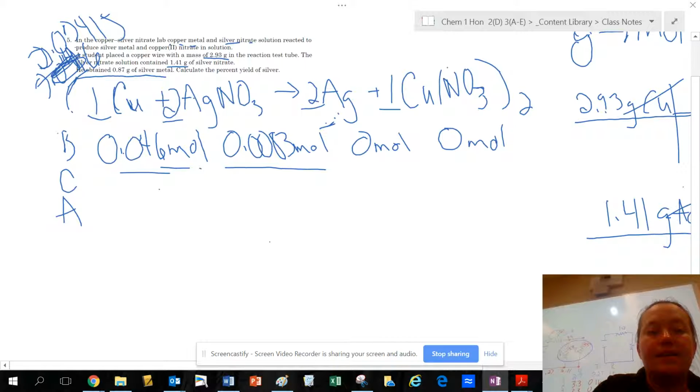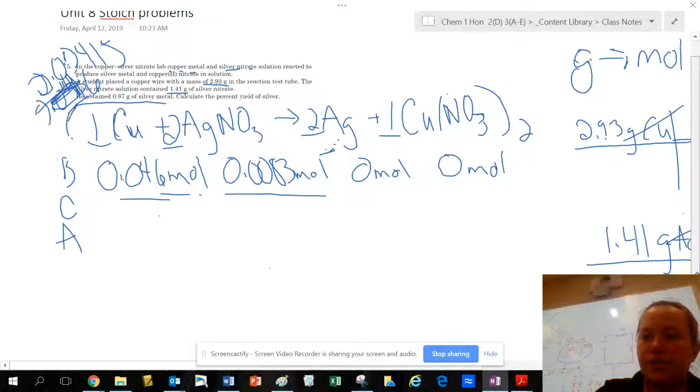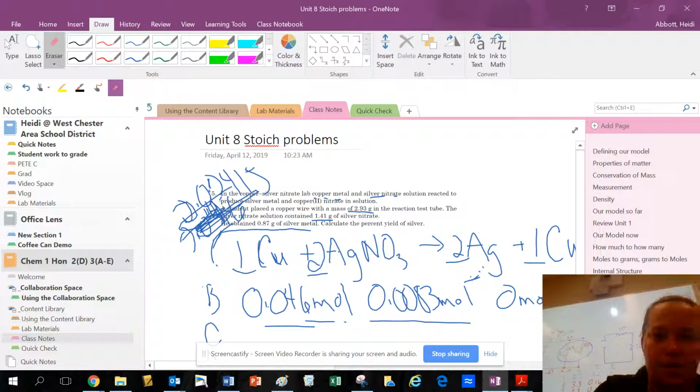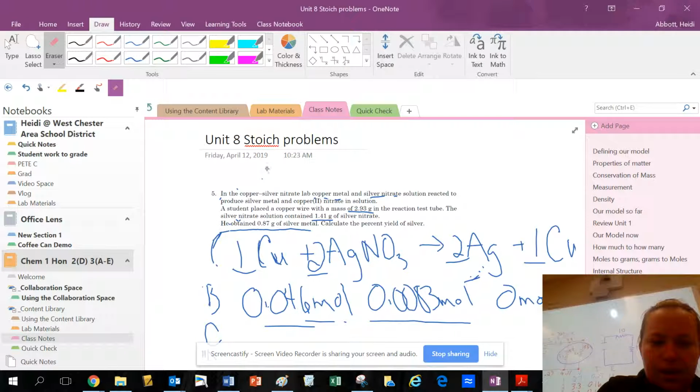I'm going to take that 0.00415. Very frustrating here, let me hop out and erase it and clean it up real quick. Sorry, y'all. It's looking all sloppy. There we go.